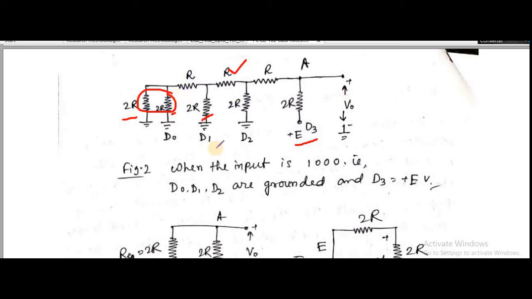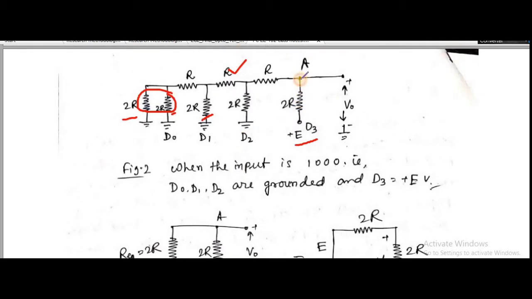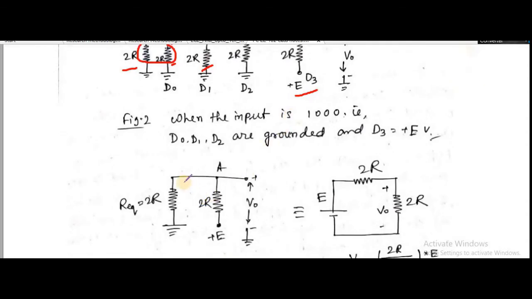So like this, if I consider this point as A, at this point the total equivalent resistance becomes twice R. And this 2R is the resistance corresponding to D3.